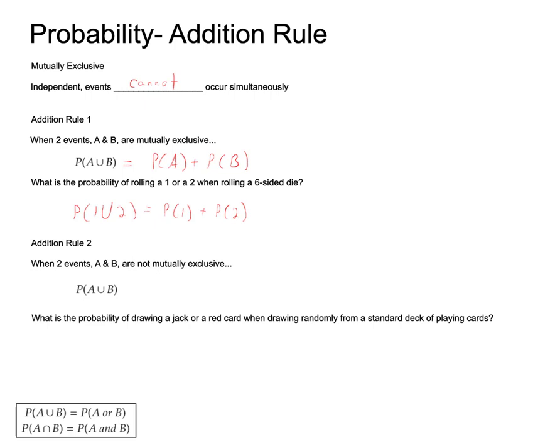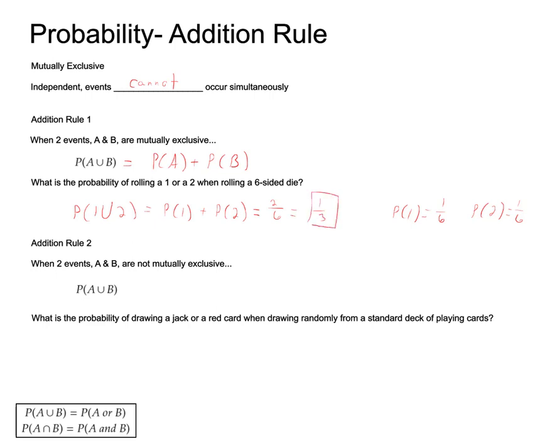So the probability of a 1 is equal to 1/6. The probability of a 2 is also equal to 1/6. And because you cannot get both a 1 and 2 on the same roll, they are mutually exclusive, so we can simply add them together. We would get 1/6 plus 1/6, which is equal to 2/6 or 1/3.